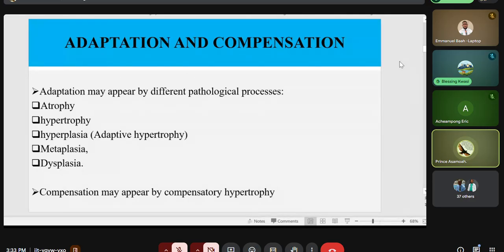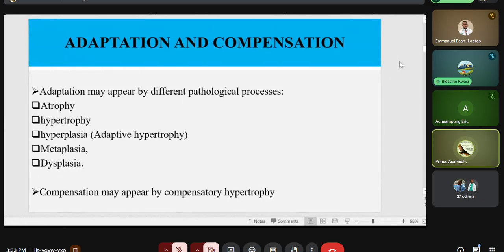Now that we have understood what adaptation and compensation is, we are now going to take a step further. I told you that this is only 29 slides, so we can finish in 30 minutes, but we can also remain here 3 hours and not have finished.